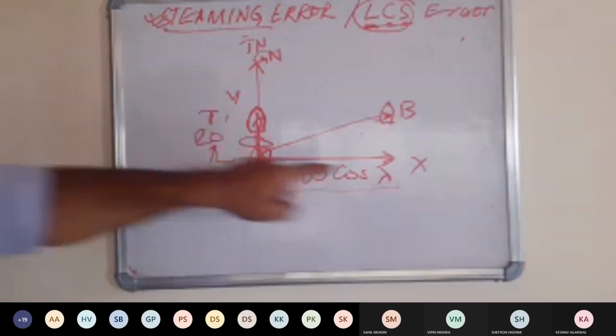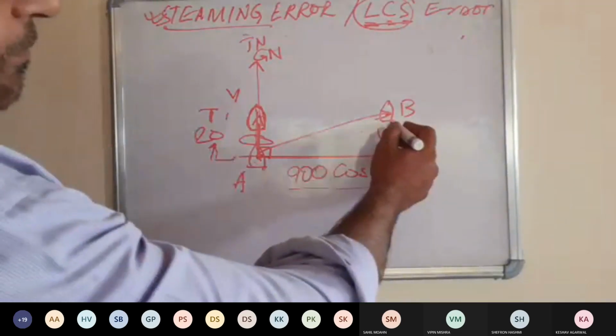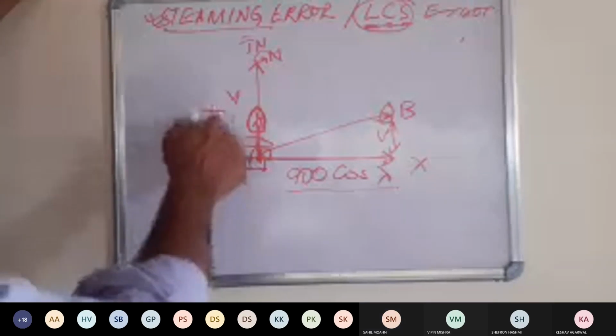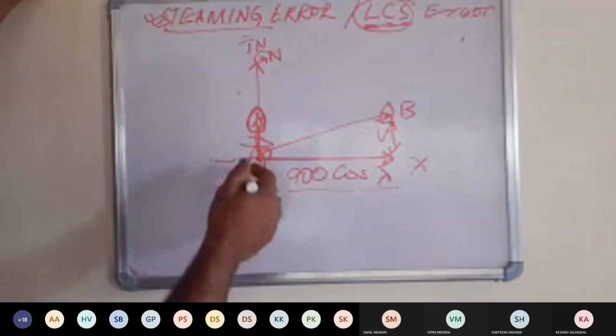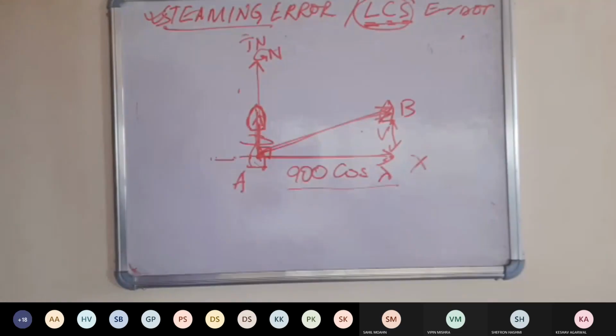The latitude has also changed. This will be the speed of 20. Correct or not? Yes. That means now the gyro compass of the ship is experiencing a relative resultant motion like this. Is that correct?